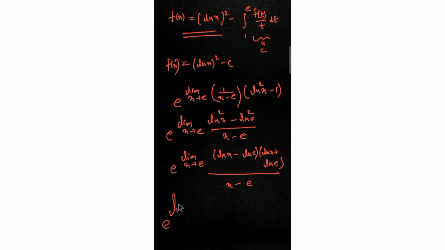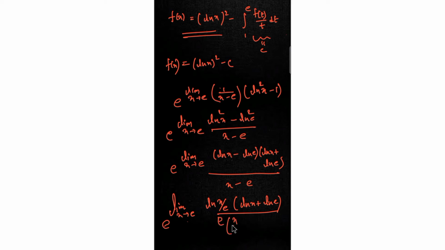So now e power limit x tends to e, this is nothing but the ln a − ln b formula, and you get ln(x/e) into (ln x + ln e) divided by... I'll take e common in the denominator, so that I get x by e.